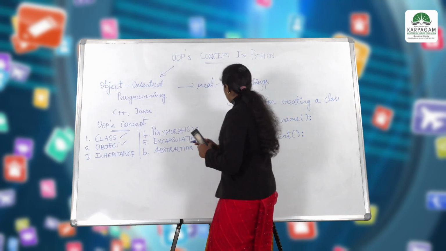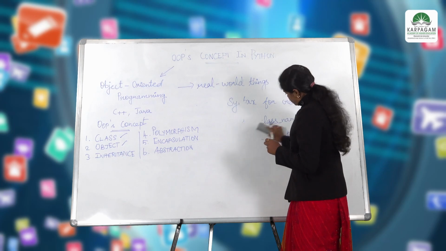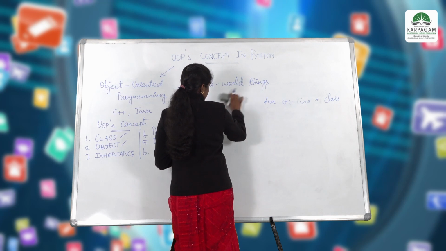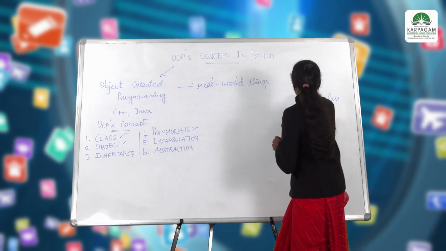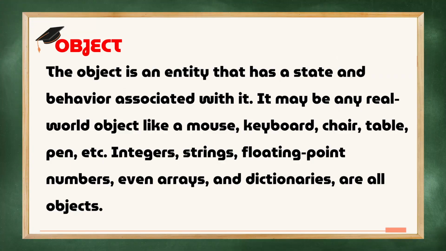Next, we'll see the object. As I already told, class is the collection of objects. So we'll see what is an object. An object is an entity.